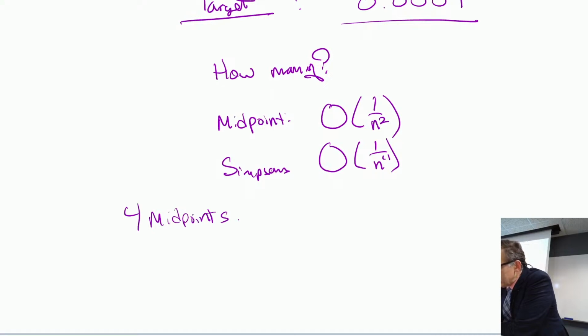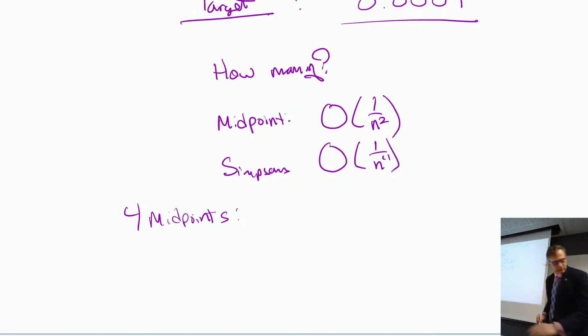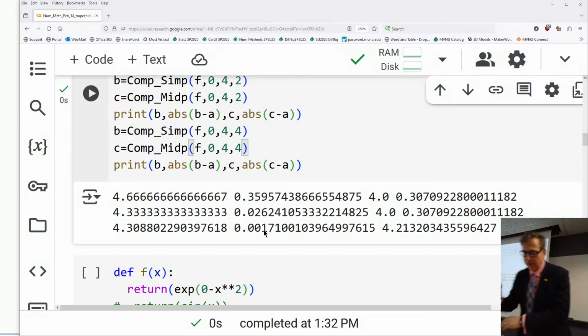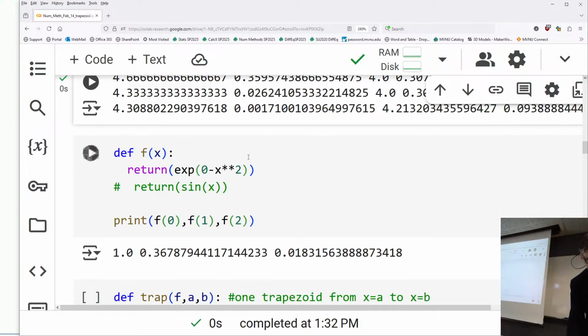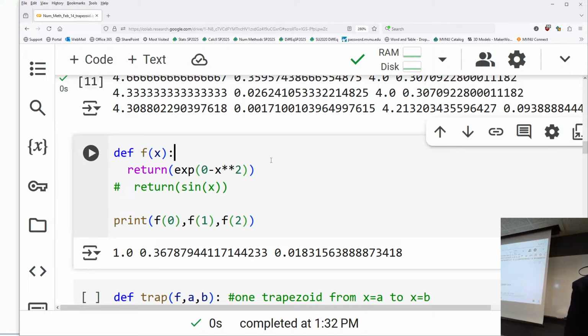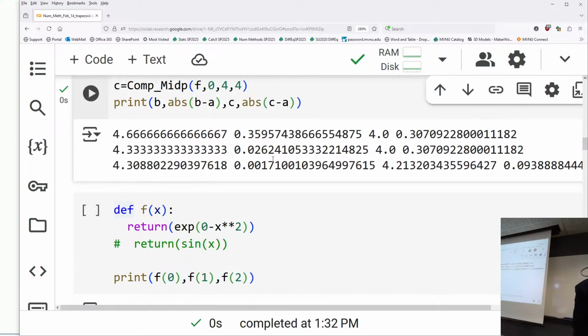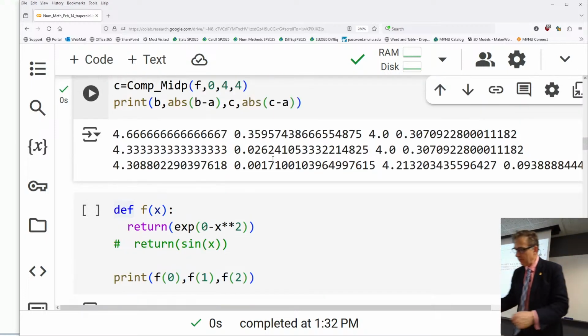4 midpoints got us to within, whoops, it's gone. There we go. So let's see, where's my answer? Oh, there it is. Sorry, can't see it on this screen. There. Oh, now it's too high, of course. 0.09.